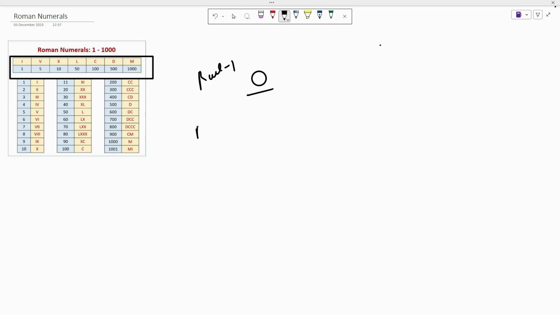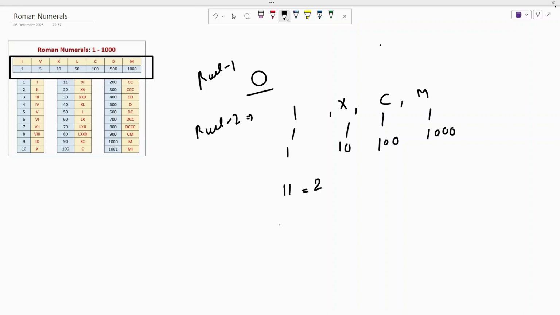Rule number 2 is the repetition rule. The symbols I, X, C, M can be repeated 3 times. I is for 1, X is for 10, C is for 100 and M is for 1000. If I repeat I twice, this represents 2.